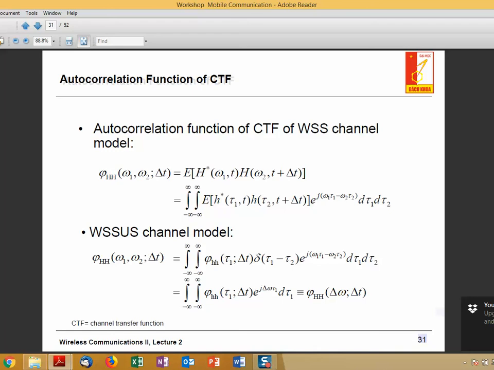You know that we have a relation: H(omega, t) equals the integration of h(tau, t) times e to the power of minus j omega tau, d tau. So that is the relation.